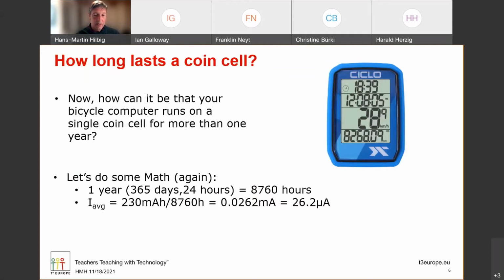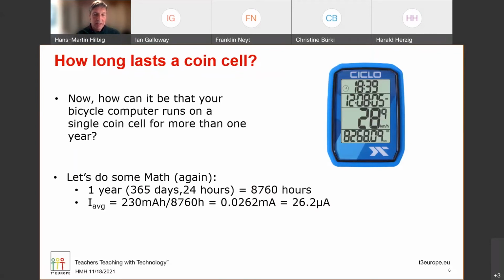So for those of you in the audience who are not familiar with working in the microamp range all day long, 26.2 microamps is awfully low, and normally I would say the average person would probably say, I cannot do anything with 26.2 microamps. But well, bike computers can live there for a life.